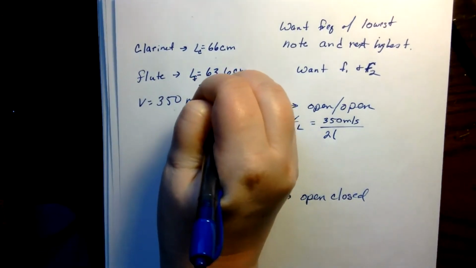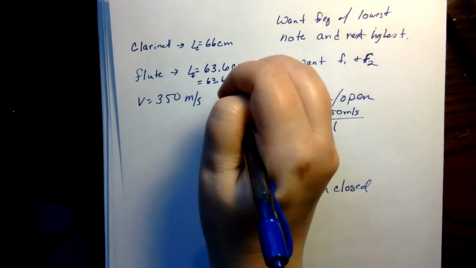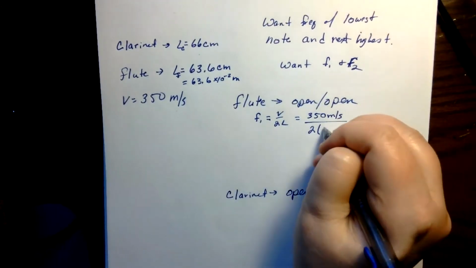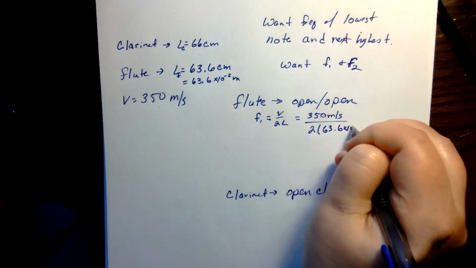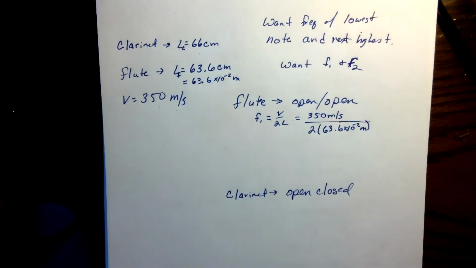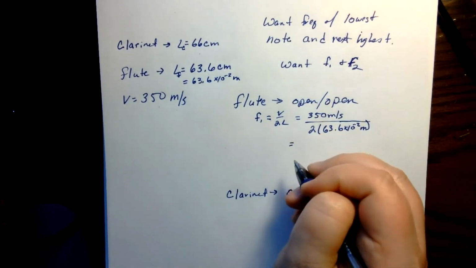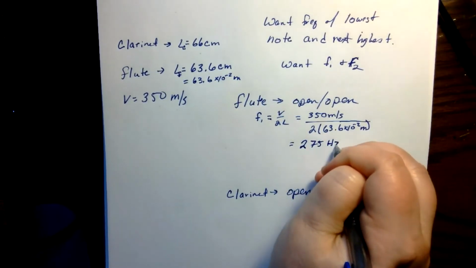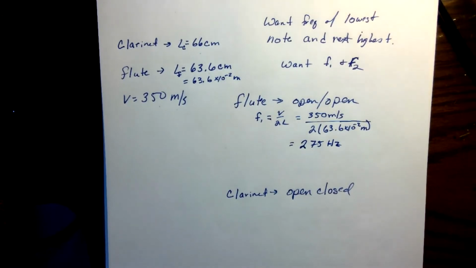So that's going to be 63.6 centimeters, which is 10 to the negative 2, so 63.6 times 10 to the negative 2 meters. Go ahead and throw that in your calculator. I got 275 hertz for the fundamental frequency of my flute.